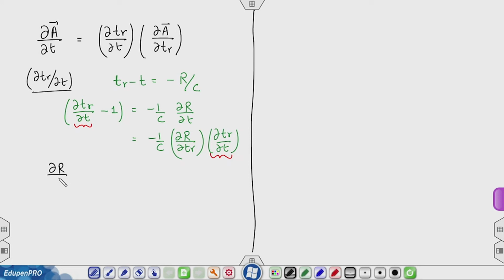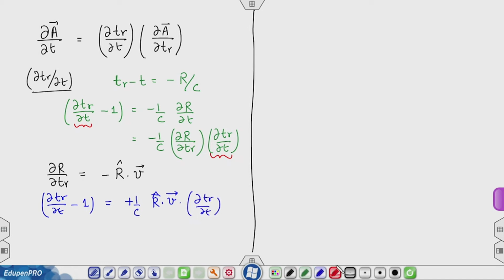What was dr by dTr? This we had already seen was equal to minus r unit vector dot v, and therefore, I get partial derivative dTr by dt minus 1 is equal to minus 1 over C, minus minus will become plus, r unit vector dot v times dTr by dt, and this immediately gives me partial derivative dTr by dt equals 1 over 1 minus r unit vector dot beta.